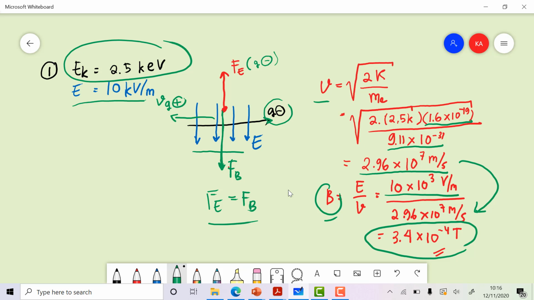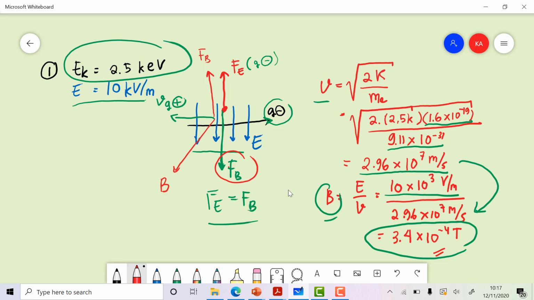Okay, first, if B is outside of the paper, like this, which is z positive, this is our first assumption. If B is like this, the direction of Fb, using the right hand rule, is this one, v cross B. This is not true, because the force must be in y negative.